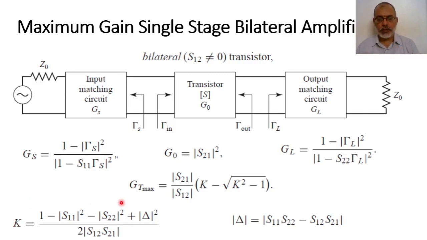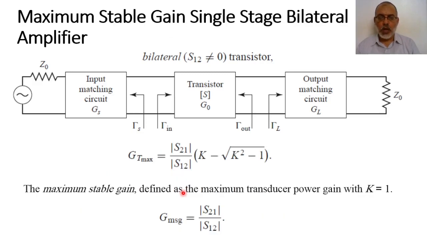At the edge of stability, this would be 1 minus the square root of 1 minus 1, so it would be simply S21 over S12. Effectively, this is the maximum transducer power gain which can be obtained by a bilateral amplifier. The maximum stable gain is defined as the maximum transducer power gain with a value of K equal to unity, and this has a magnitude of S21 over the magnitude of S12.